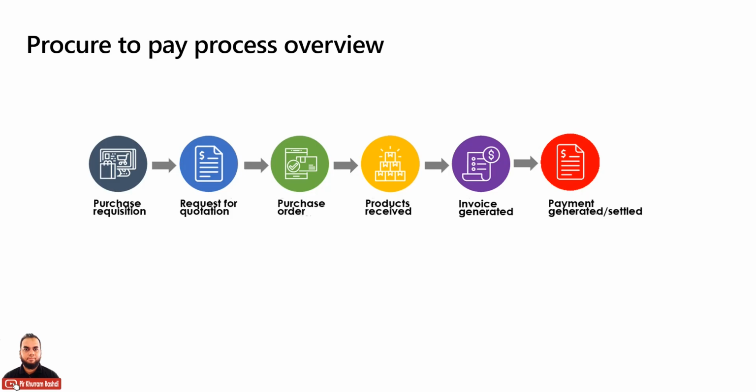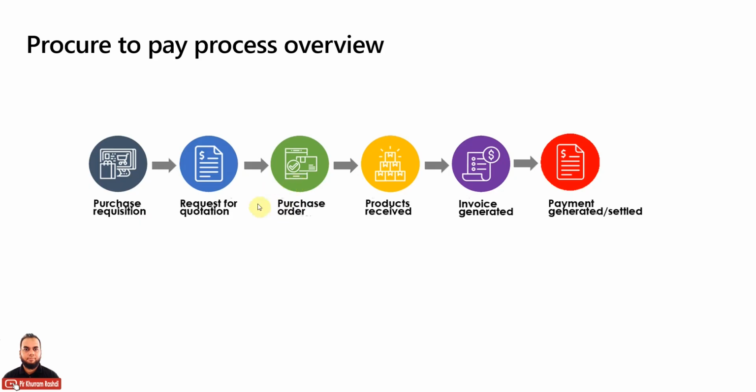So the second node here is request for quotation. Request for quotation is an optional step, but a purchase order can be generated directly once the purchase requisition is approved.